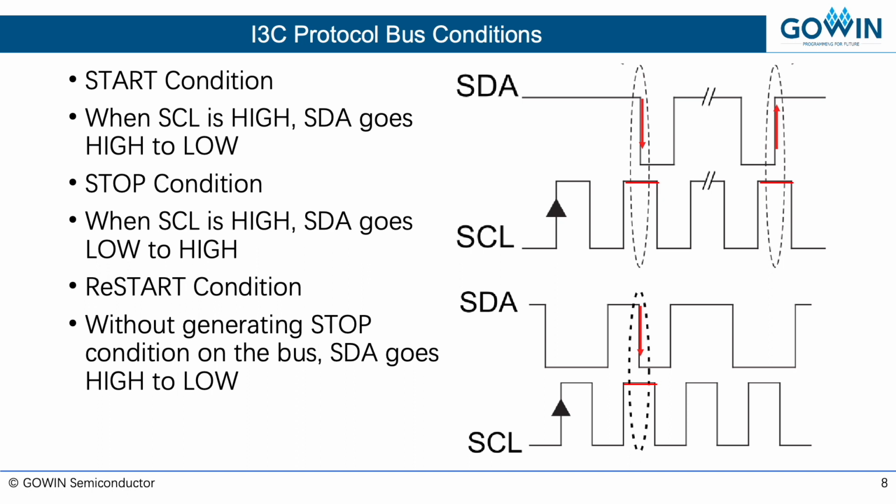Conversely, the stop condition on the bus is with SCL being high and the SDA line going from a low to a high level. Then a restart condition is very similar to the start condition, that is with SCL being high and the SDA going from high to a low level. So this is just as it was in the I2C standard, absolutely no change here.